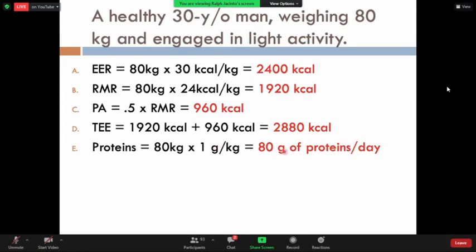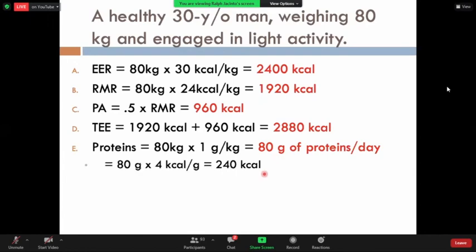That's why I am incorrect here. It's 0.8 to be accurate. But in other books, in order for people to remember it, you just get 1 gram per kilogram. That would be enough as well. So it would be approximately 80 grams. So 64 to 80 grams of proteins per day.